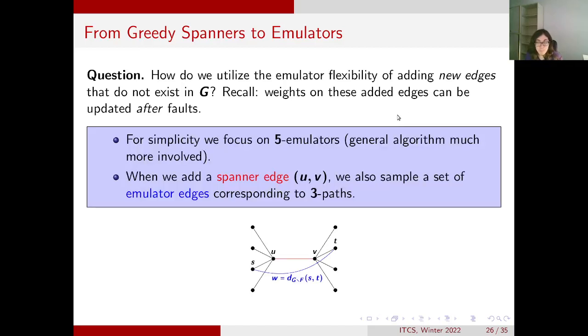I'm going to give you an algorithm for a +5 emulator because the general algorithm is much more involved and requires new definitions, so I won't get into it. The idea here is that whenever we add a spanner edge UV in the greedy algorithm, we also sample a set of emulator edges, like the edges that are potentially not there, corresponding to 3-paths that have UV as a middle edge. In the weighted case, UV has to be the heaviest edge on this path, but don't worry about those technicalities.